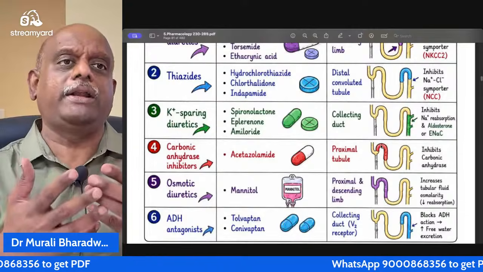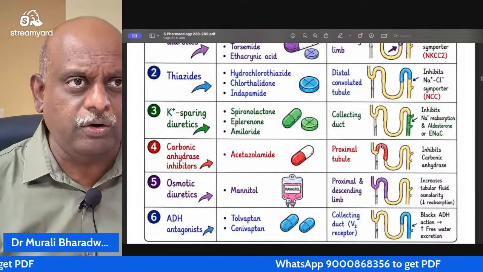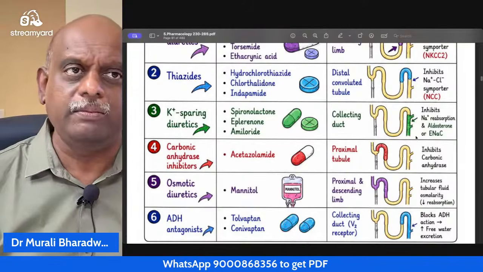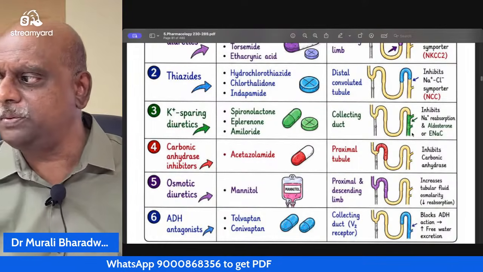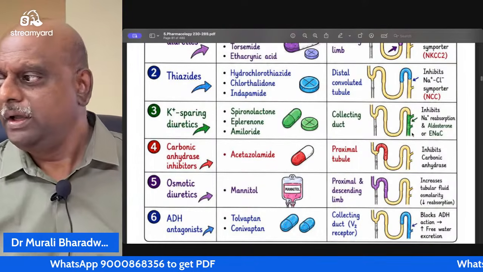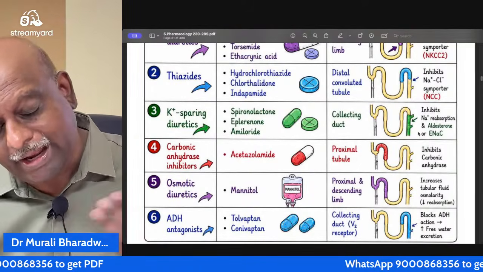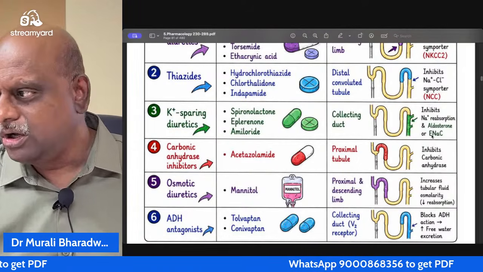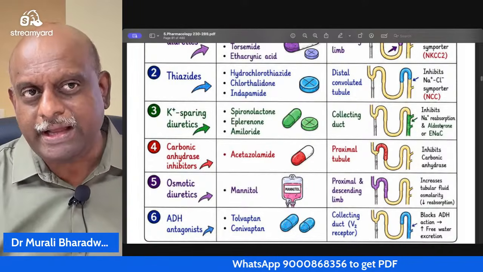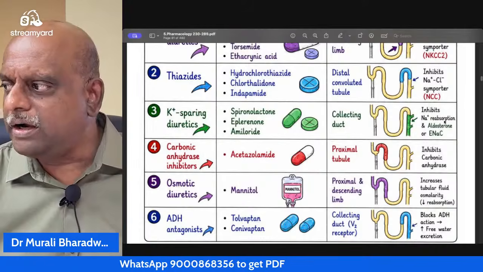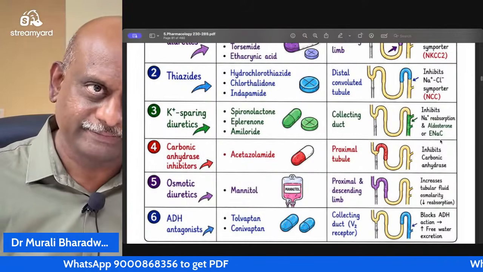Potassium sparing diuretics, spironolactone, eplerenone, amiloride, all act on the collecting duct. They inhibit sodium reabsorption by inhibiting aldosterone, which acts on the epithelial sodium channel, opens it and sodium retention occurs, or they act directly on the epithelial sodium channel.